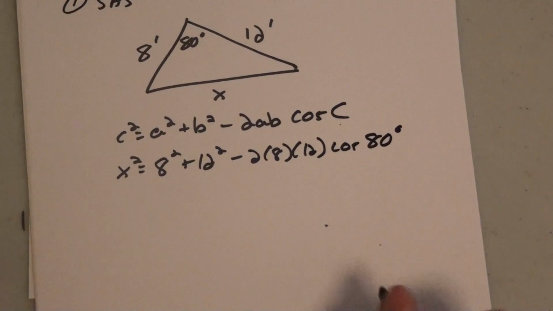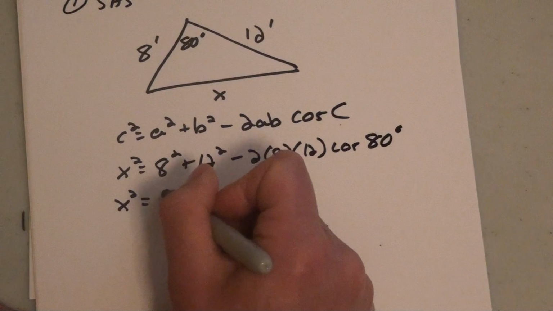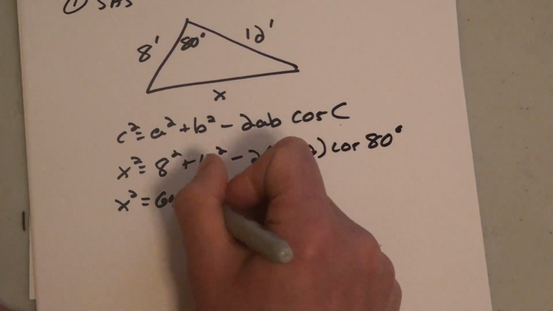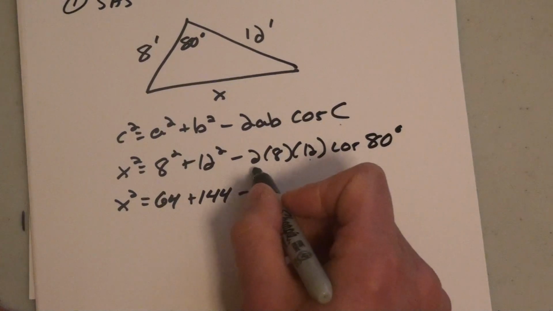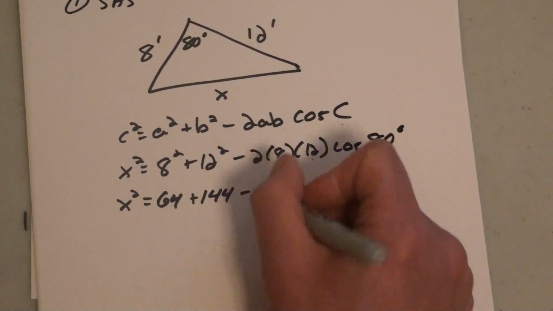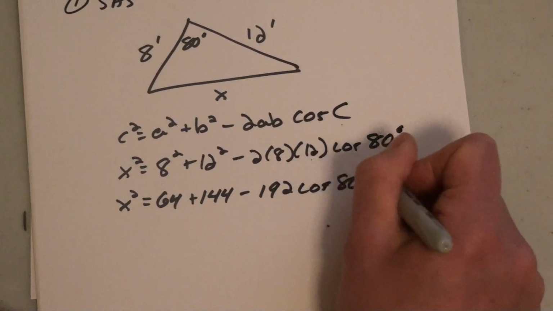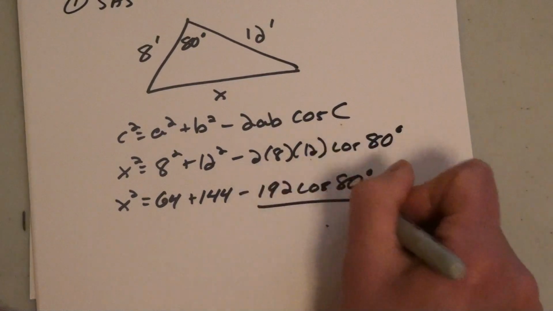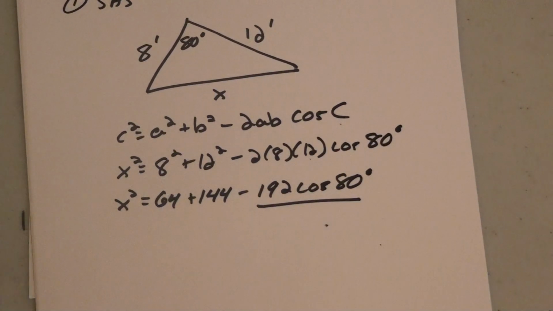So you do a little bit of work before you put it in your calculator. 8 squared is 64, plus 12 squared is 144, minus 2 times 8 times 12 all together. 8 times 12 is 96, multiplied by 2 is 192, cos 80 degrees. That's all one term. Treat those as one term.